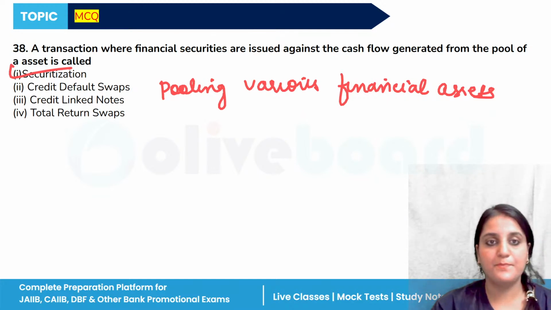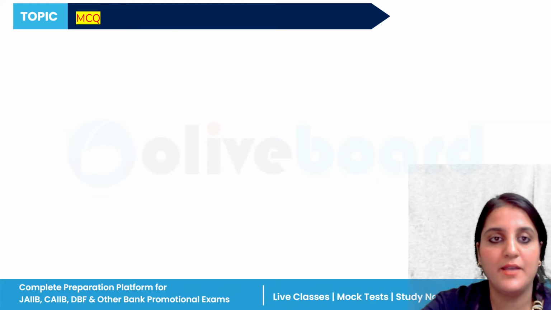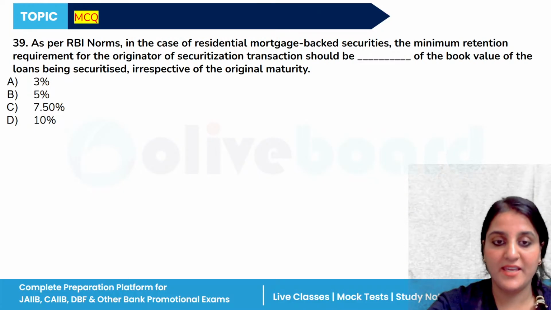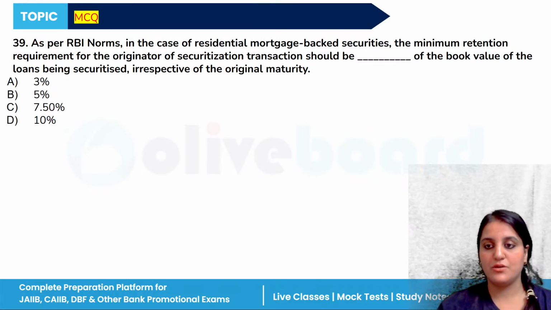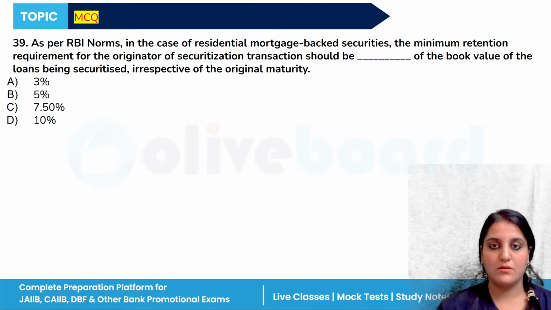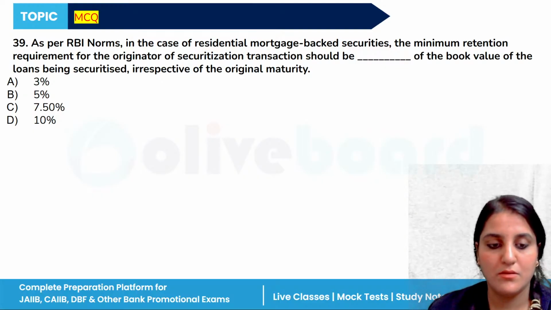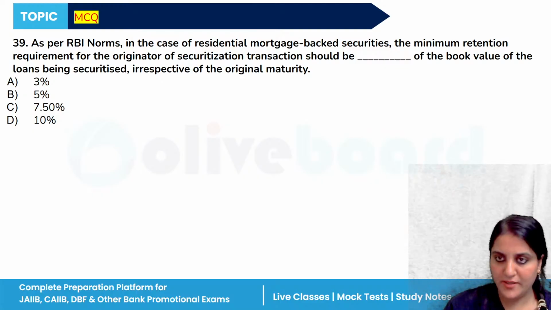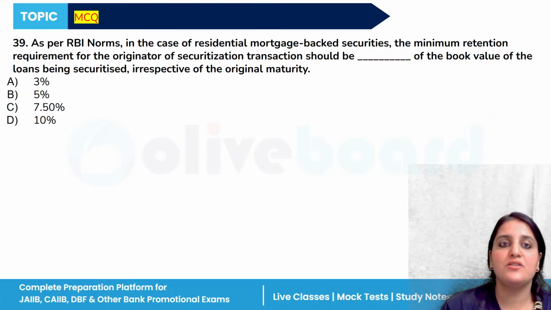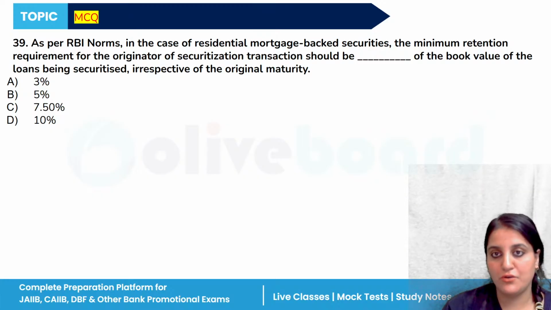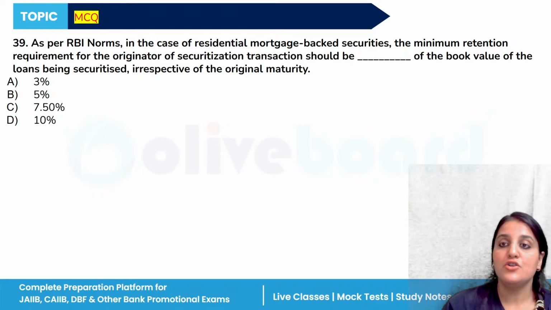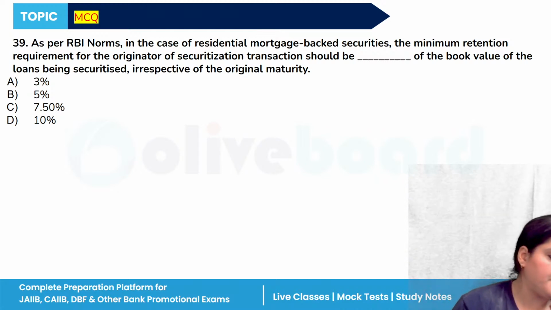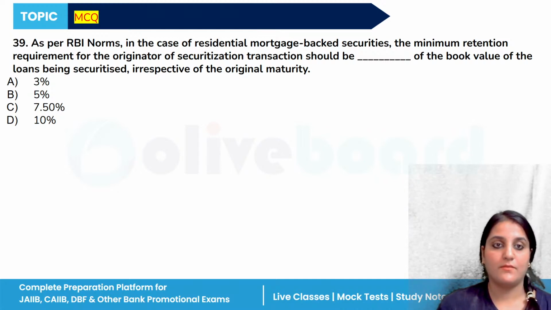The next question is, as per the RBI norms, in the case of residential mortgage backed securities, the minimum retention requirement for the originator of a securitization transaction should be what percent of the book value of the loans being securitized, irrespective of the original maturity?